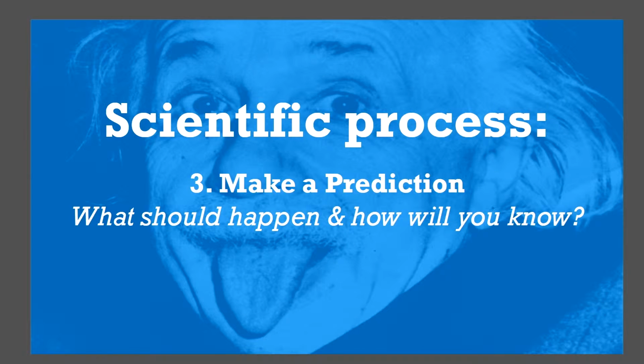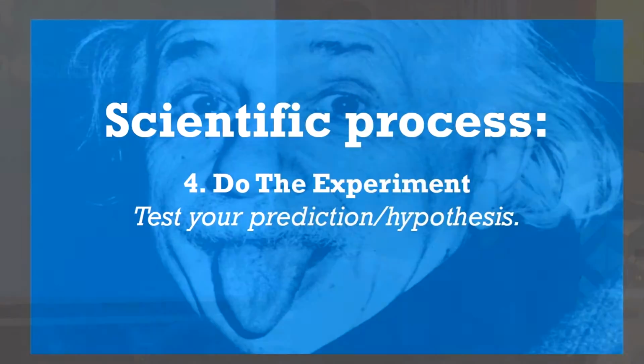Make a prediction. What should happen? How will you know if you make the checkout process smoother? Will it increase the conversion rates? We don't know. So, we should do an experiment. You test your prediction, your hypothesis. In this case, there are good practices in e-commerce and conversion rate optimization on how to test our hypothesis.